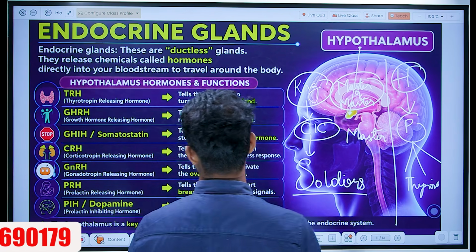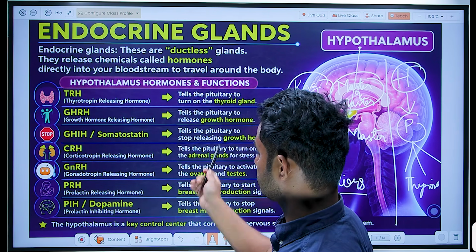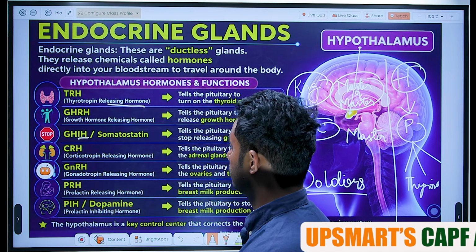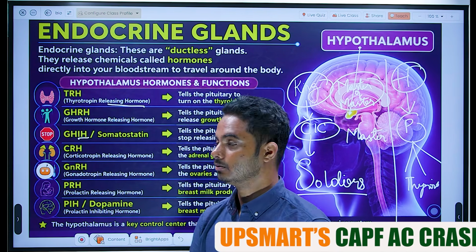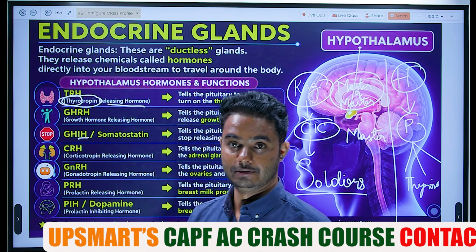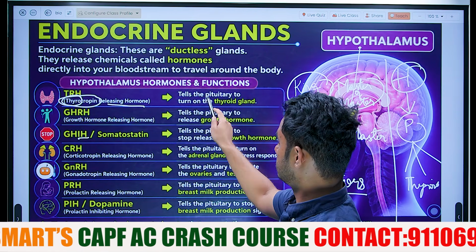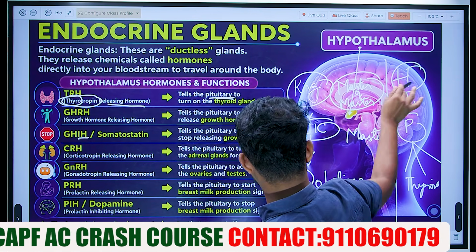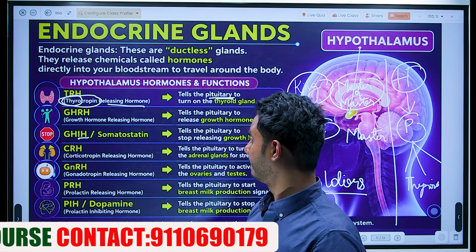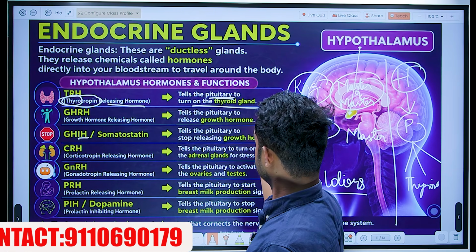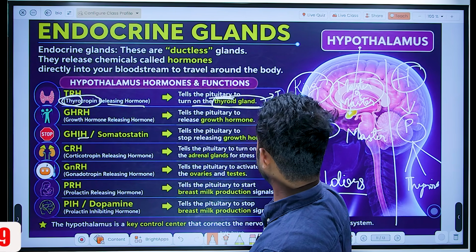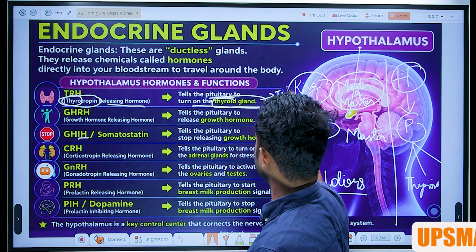Now, hypothalamus hormones and the functions, various hormones. I told you RH means releasing, IH means inhibiting. Now, thyrotropin releasing hormone. What is thyrotropin, sir? Thyroid. What it does is, the hypothalamus tells its commander-in-chief, that is the pituitary, to turn on the thyroid gland, which will release thyroxine hormones called T3, T4, like that.